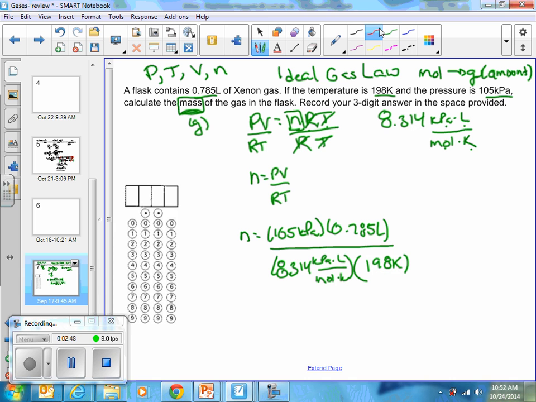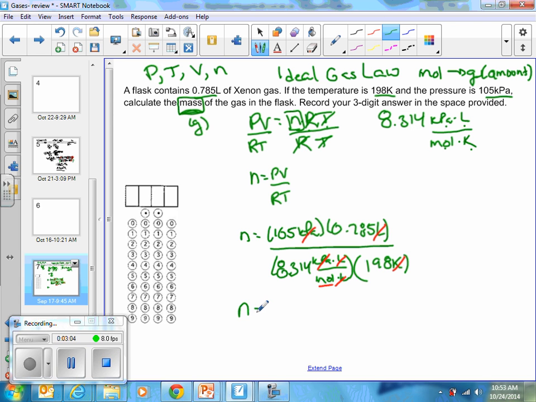Check your units. Kilopascals over kilopascals will cancel. Liters over liters will cancel. Here I have Kelvin times something that's over Kelvin, so those will also cancel. We end up with our units in moles.